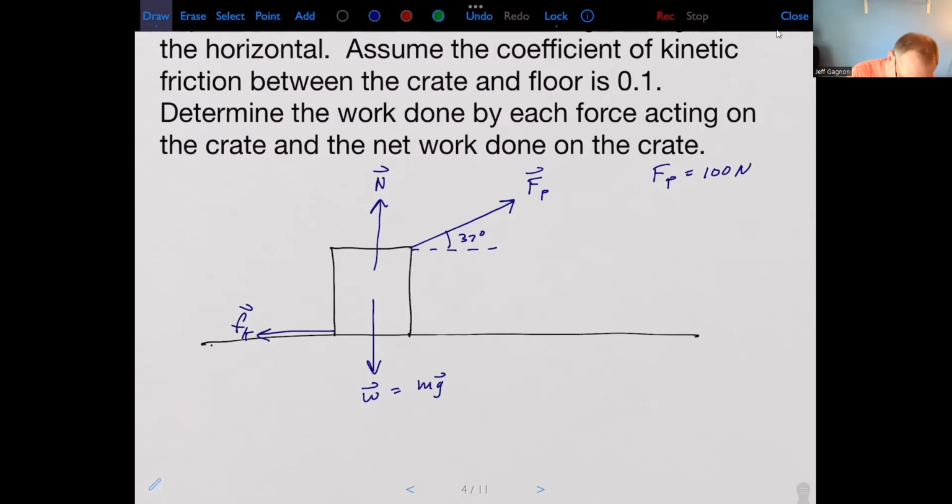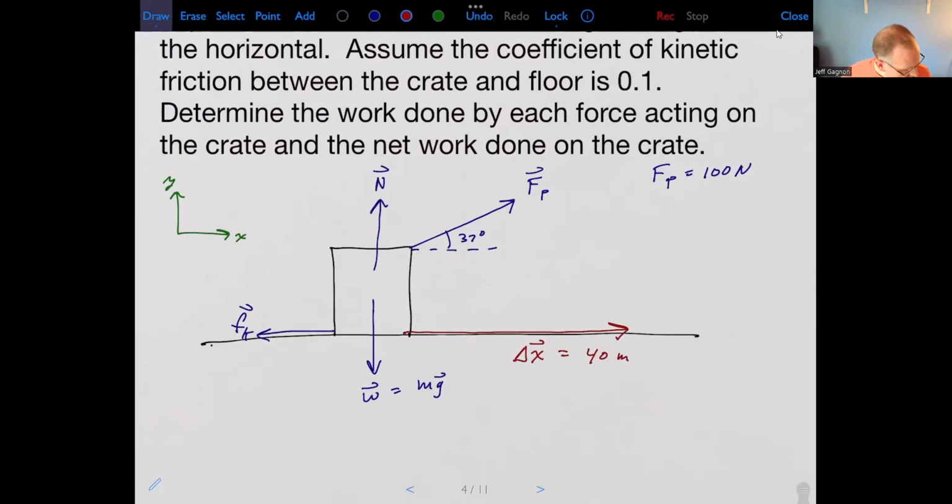Probably I want to use my typical coordinate system, where x is to the right and y is vertically upward. I also know that this crate is undergoing a displacement to the right of 40 meters. So delta x here is going to be 40 meters i hat, to the right.